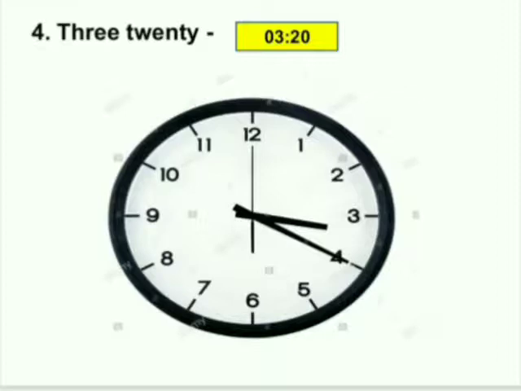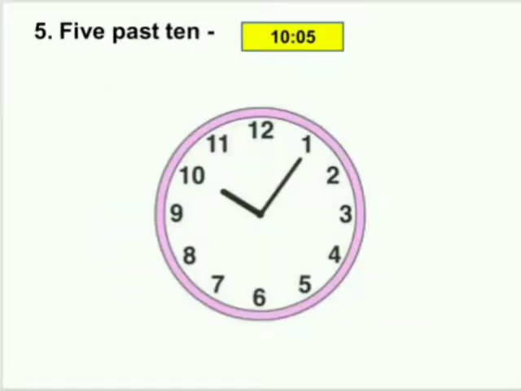So, minute hand will come on number 4. Next, 5 past 10. It means 5 minutes are passed after 10 o'clock. So, our hand will point to number 10 and minute hand will point to number 1 because 5 ones are 5.